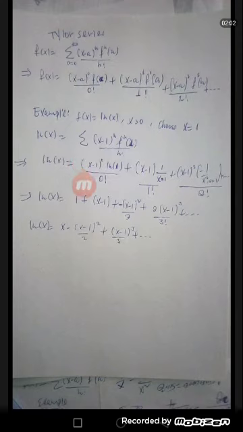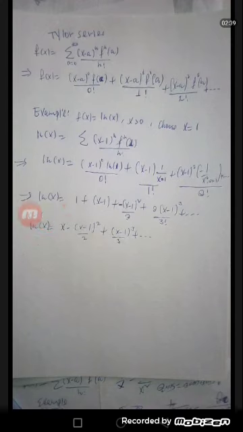That is (x minus 1) to the power of 0 times ln at 1 over 0 factorial, plus (x minus 1) to the power of 1 times the first derivative of ln, that is 1 over x, with x substituted by 1, plus (x minus 1) squared times the second derivative of ln, that is minus 1 over x squared, substituting x equal to 1, and it continues up to n.